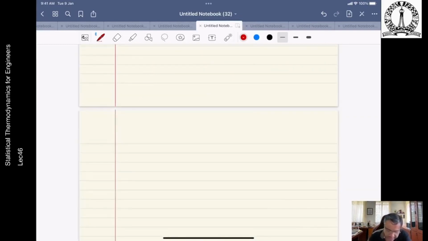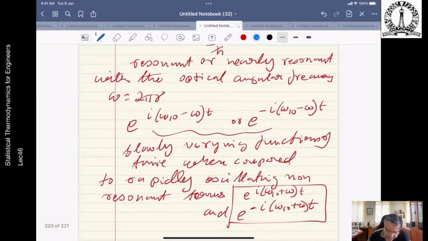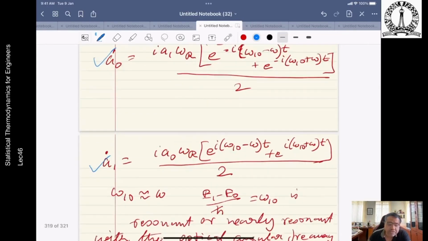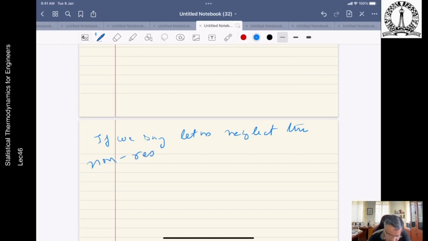Now, as you can see over here, if we look at these expressions that we wrote for A1 dot and A naught dot, it is seen that we can neglect the non-resonant higher frequency terms, as their effects essentially average to 0 because they are rapidly oscillating functions of time.